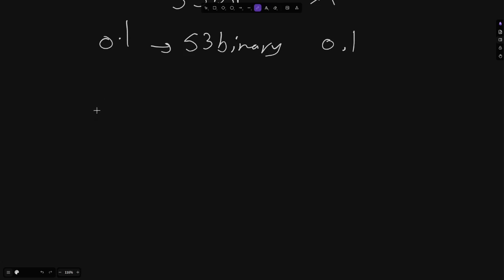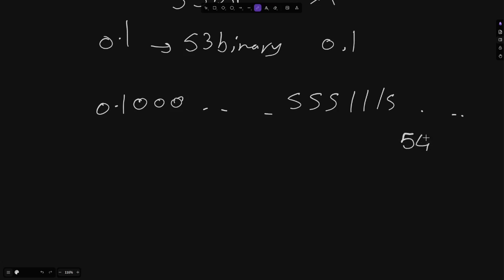Let's do a visual presentation. We want to store 0.1. It becomes 1.0000 and a huge number of zeros, then 5551115, and so on, until it reaches 53 or 54 bits, and here it stops.